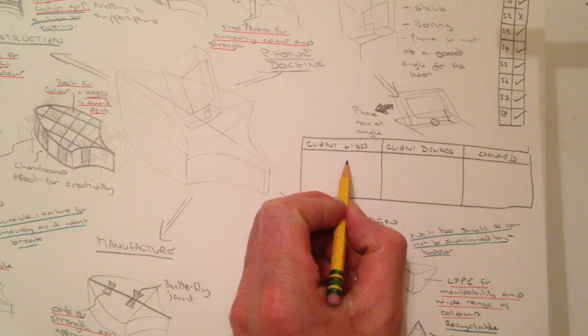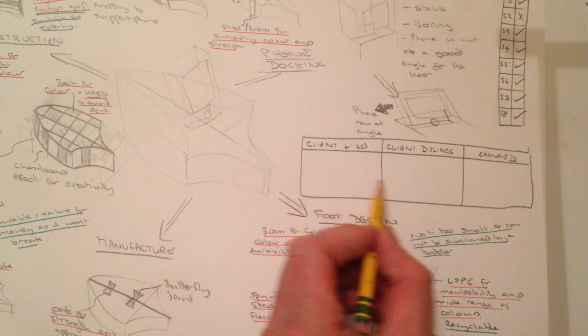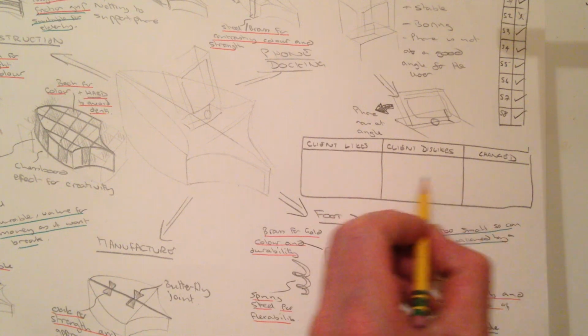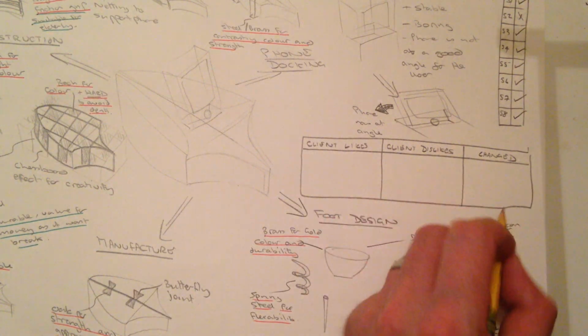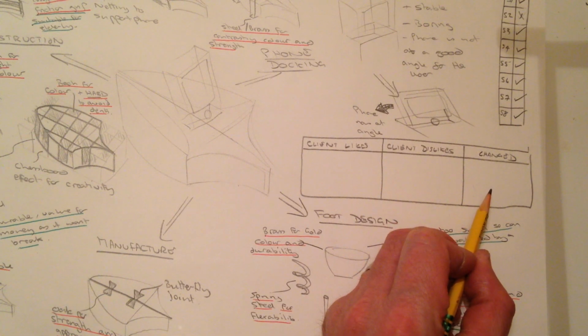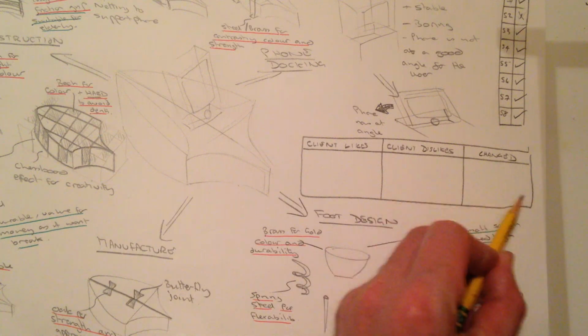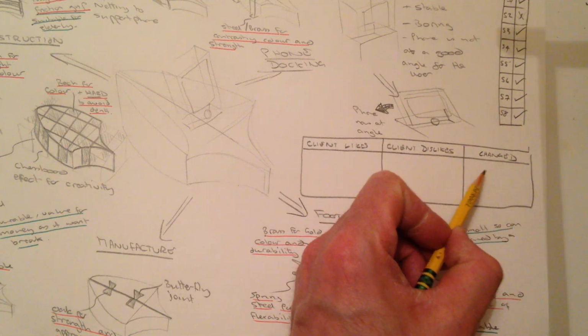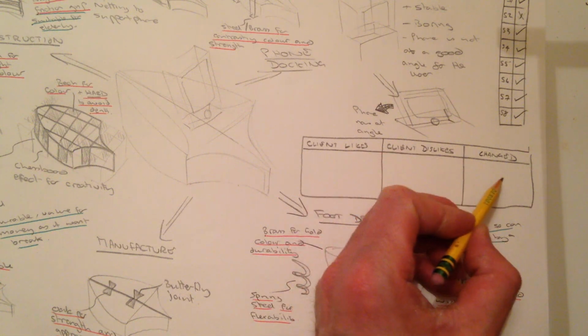And then they can begin to write down what the client likes about this design, what they don't like, and what they want changed. And again, it's this column here that leads to obvious evaluation. If there's something they want changed, you just need to make sure that in your final design or in a future development page, this has been taken account of.